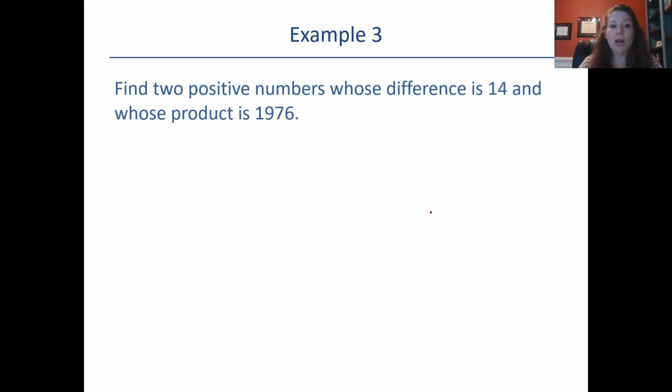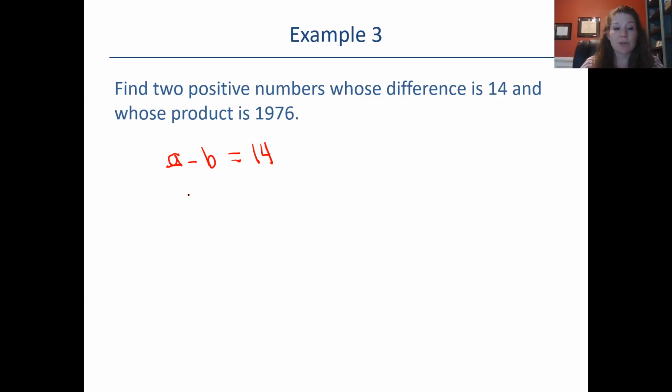There we go. All right, find two positive numbers whose difference is 14 and whose product is 1,976. So we have two numbers, let's say A and B, and their difference is 14, and their product is, what does product mean?